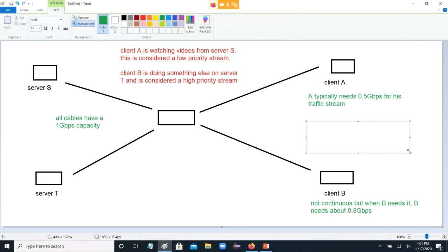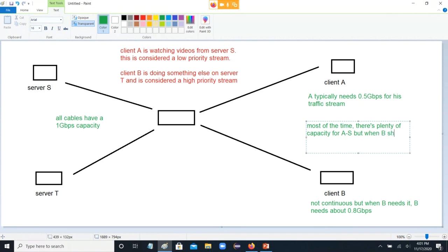So most of the time, there's plenty of capacity for A to S, right? So for A to get the data from S, there's plenty of capacity. The cables are all 1 gigabit per second. A only needs half of that.